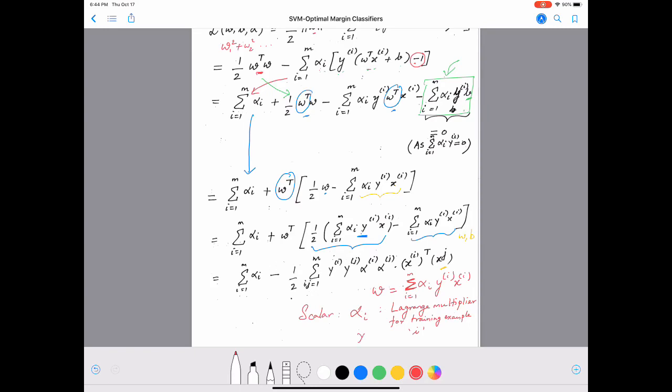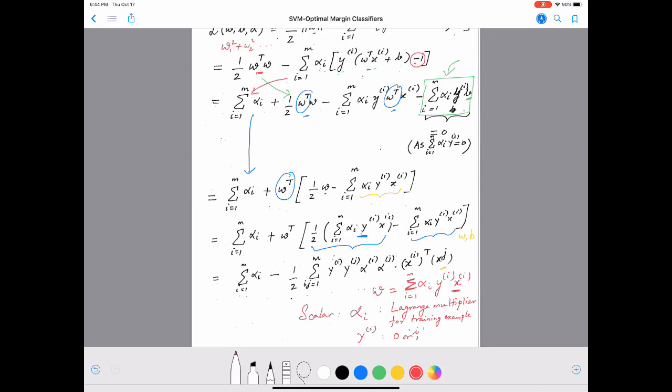What about yi? Yi is the class value, and we assumed a binary classification problem, and yi can take values either 0 or 1. So yi is also a scalar. Now all that remains is xi. Xi is the feature vector corresponding to the ith training example. And we know that each training example can have more than one feature, right?